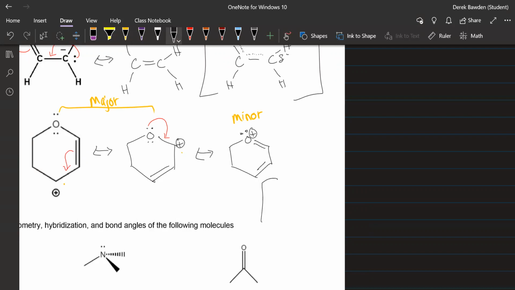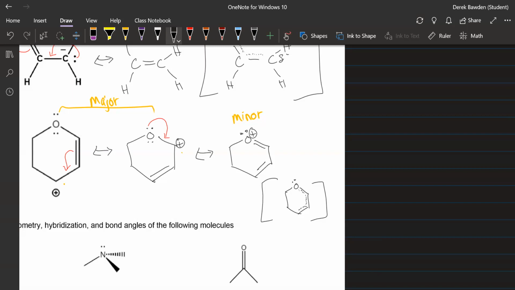Let's talk hybrid structure. Okay, we'll do lone pairs first. At one point, oxygen only has 1 set of lone pairs. We're going to do 1 set. Talk double bonds. So at one point, we have a double bond here, here, and here. Any others?